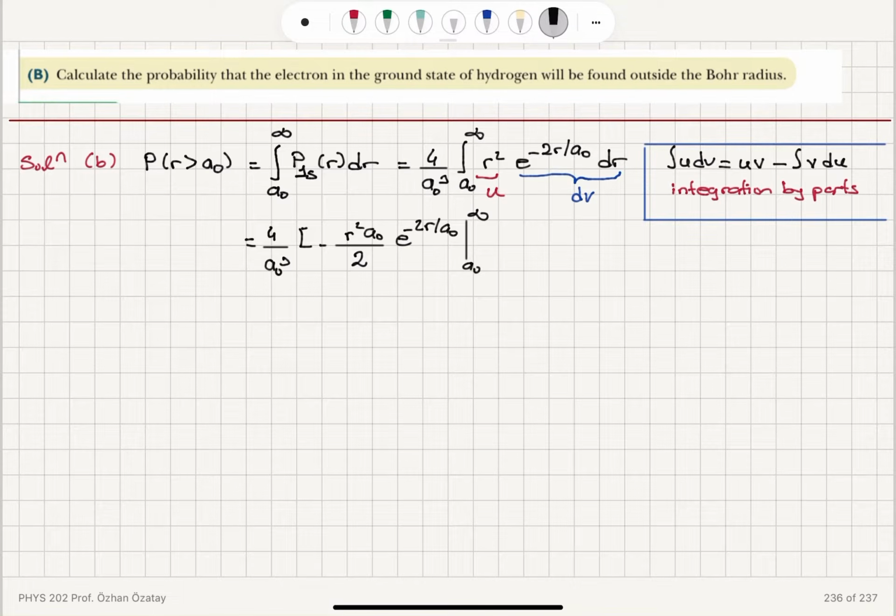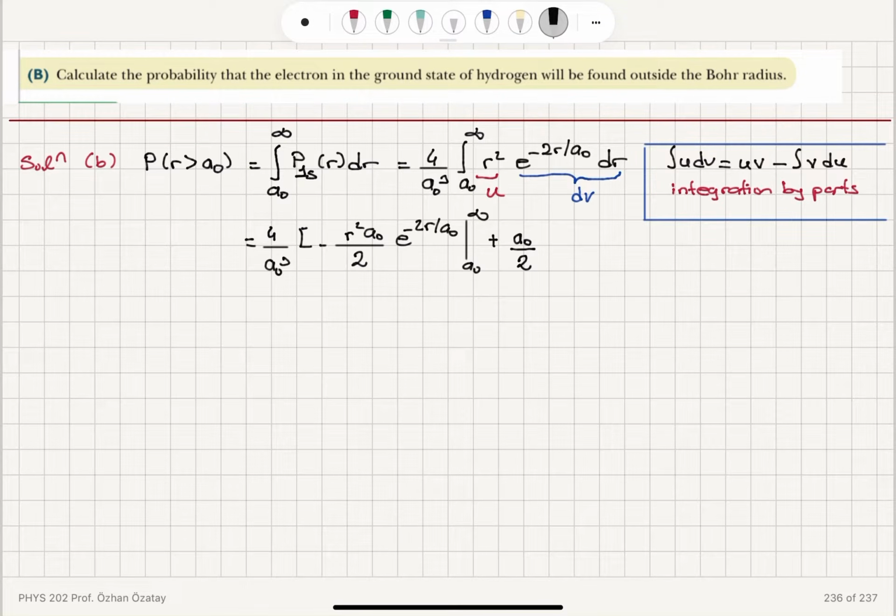and then I need minus integral v du, which will be plus a0 over 2. So that's the v.